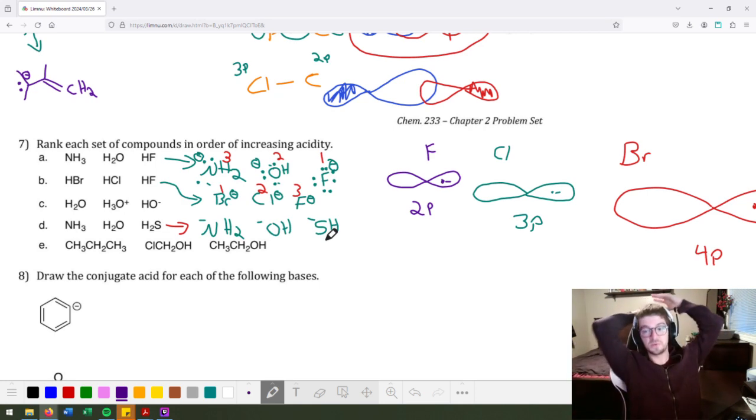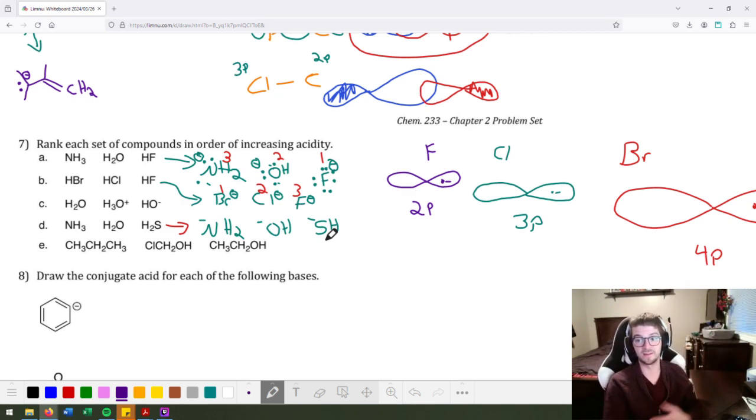But what we can do instead, so we've already compared the NH2 minus to the OH minus. Now all I'm going to do is compare the OH minus to the SH minus, because oxygen and sulfur are in the same group, and so I can at least potentially skip a step by just looking at the stability of the ion on sulfur and on oxygen. And again, just a size issue.